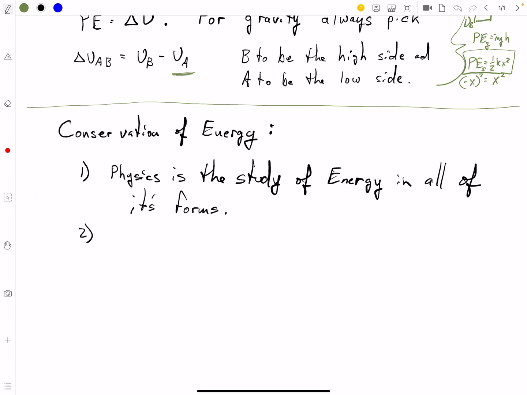Okay, so the second thing: there are two fundamental laws at the root of physics. One, the most important, the most fundamental law in physics, is the conservation of energy.